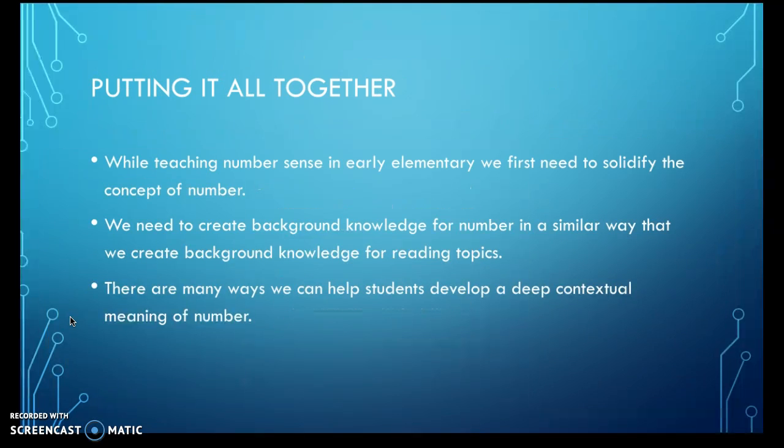In conclusion, this article did a great job of breaking down the importance of number in early elementary. I had never thought about building the students' background knowledge in just relation to a number. I suppose that may be because I assumed that they would already know that by second grade, but I'm starting to notice this gap and seeing where students are struggling with number sense.